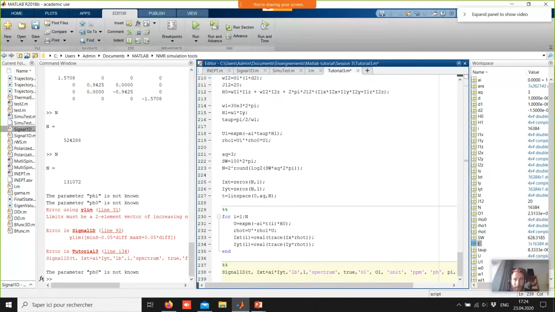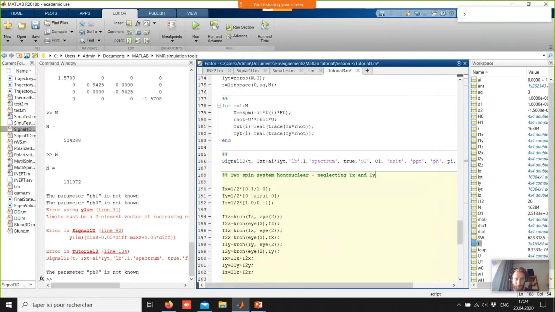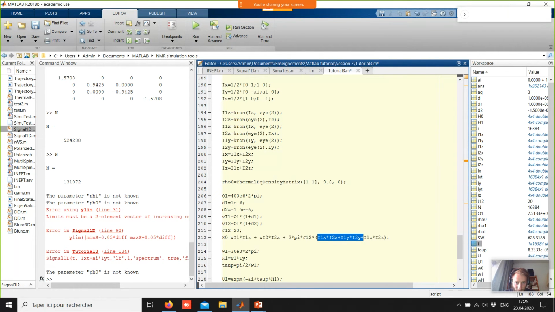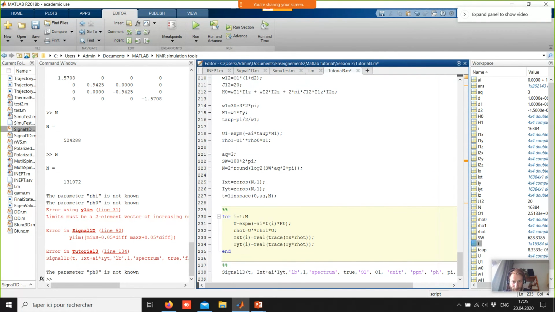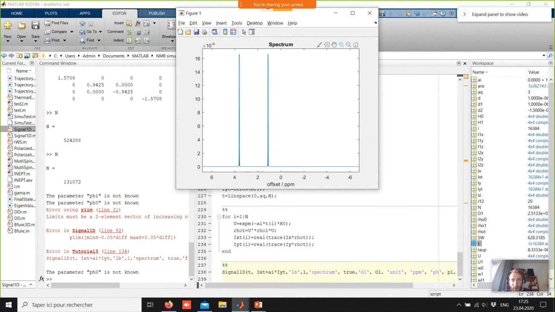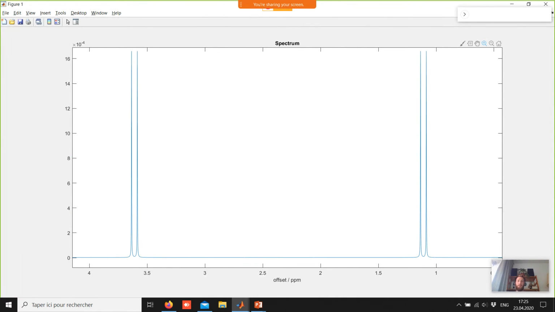And now if I compare the same thing but neglecting Ix and Iy, which means that I write the simplified J coupling Hamiltonian without the Ix and Iy terms, I run it again, propagate, and plot. And now I have recovered my two Lorentzians with a symmetric pattern.